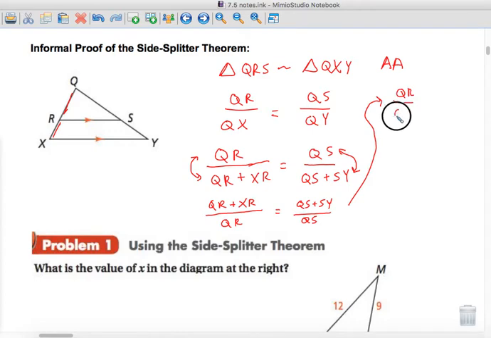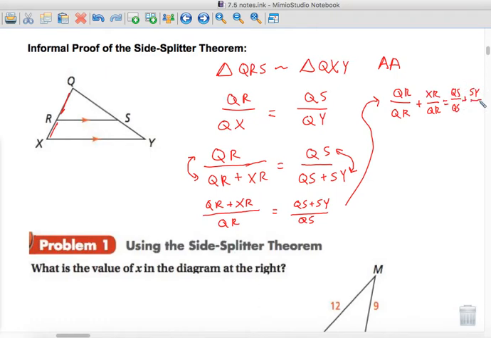QR over QR plus XR over QR equals QS over QS plus SY over QS. Now QR over QR, those are the same things. That's actually 1. Anything divided by itself is 1, plus XR over QR.